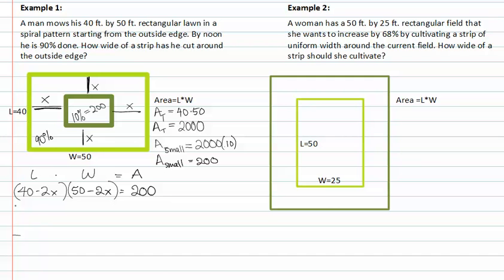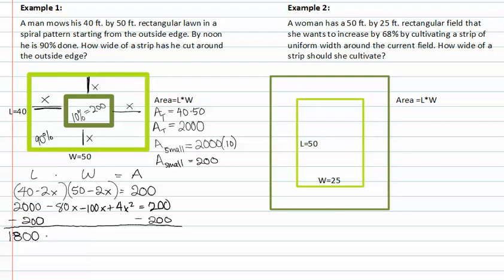From here, foiling, we're going to get 2,000 minus 80x minus 100x plus 4x squared is equal to 200. Setting my equation equal to 0 means I need to subtract 200 from both sides. This gives me 1,800 minus 180x plus 4x squared is equal to 0.